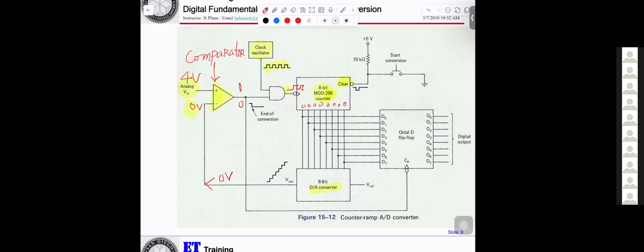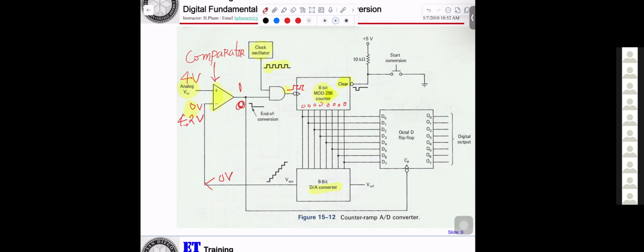However, when they count up to 4.2 volt, for example, now the negative side is higher than the positive 4 volt. The output of the comparator will go to 0, and 0 will stop the frequency coming in. That means the end of conversion.